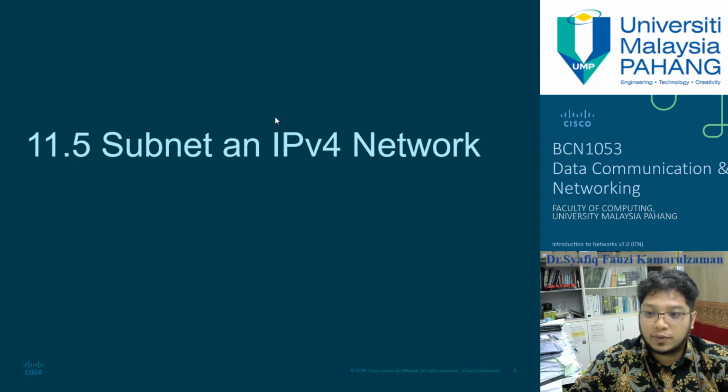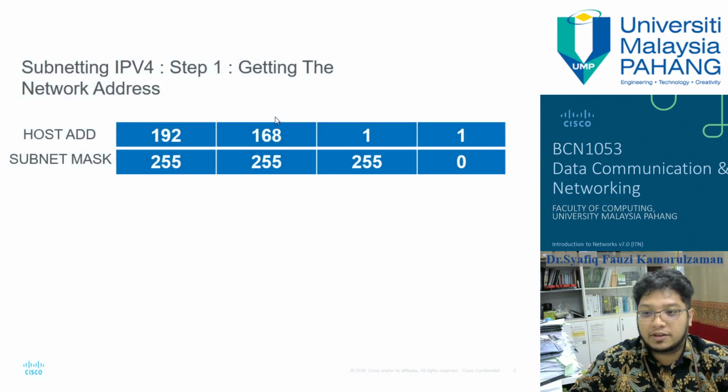So let's start with our first task, how to subnet an IPv4 network. This is the case where you are given a host address and a subnet mask. Firstly, you need to get the network address of the host address.